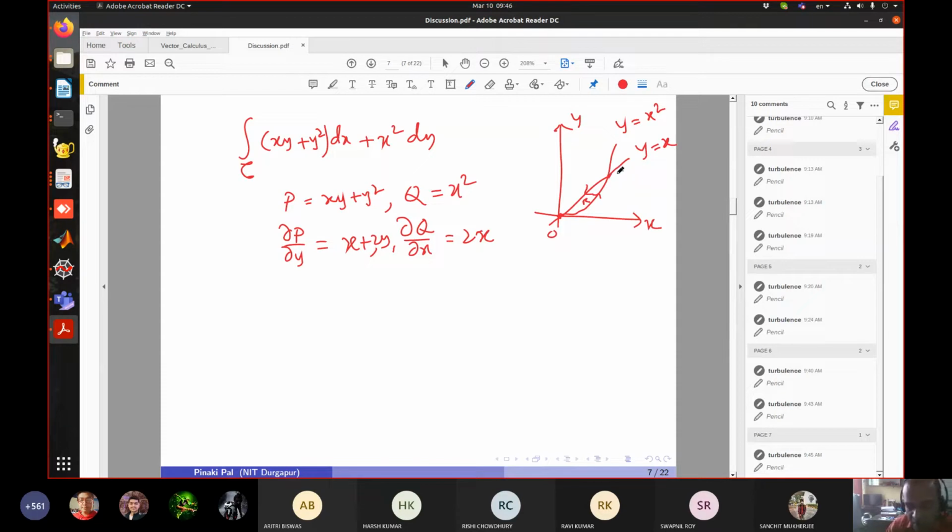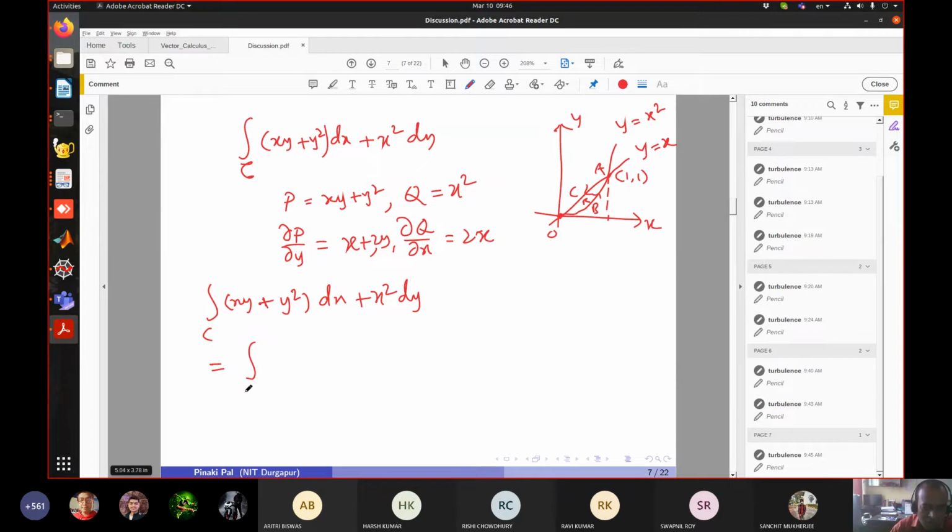So what is this point? That is 1 comma 1. Let us give names to the strategic points: O, A, B, and this upper part is C. So as we are moving, we have the integral of (xy plus y square) dx plus x square dy, and this we will divide into two parts.